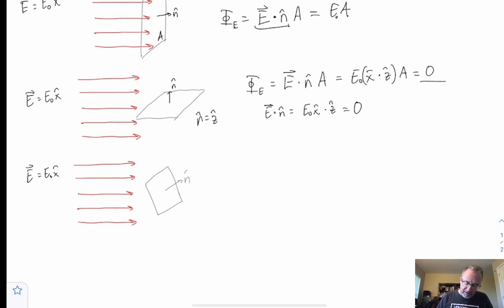So that n hat is out this way at an angle theta with respect to the x direction. And what I would say here is that n hat is equal to, as we're looking at it, I'm just rotating it up into the z direction, so it's going to be cosine theta x hat plus sine theta z hat.